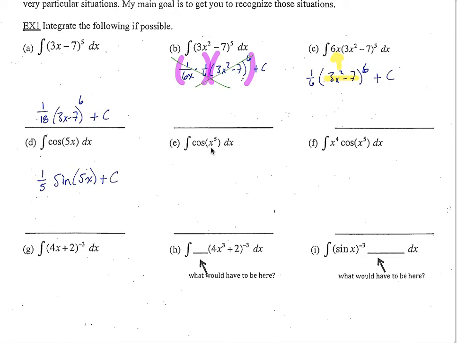same idea. We're going to do the sine of x to the 5th. But now when we take the derivative of all of this, we'll end up using the chain rule, and you will end up with an x, a 5x to the 4th.